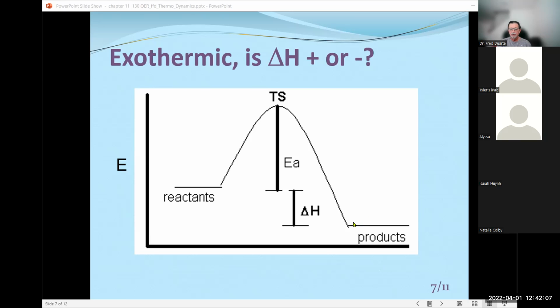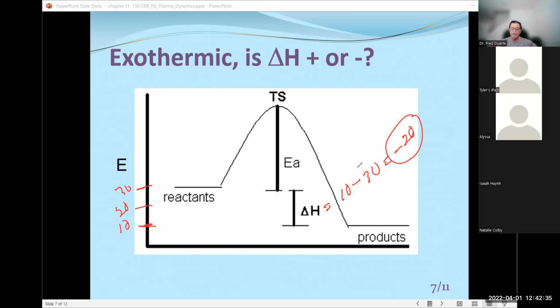Well, again, you can arbitrarily put some numbers in there so you can see that mathematically. You can say 10, 20, 30. And so delta H is products, which is 10 units minus, say, 30 units. And it's 10 minus 30, and that is a negative 20. Okay, negative 20.